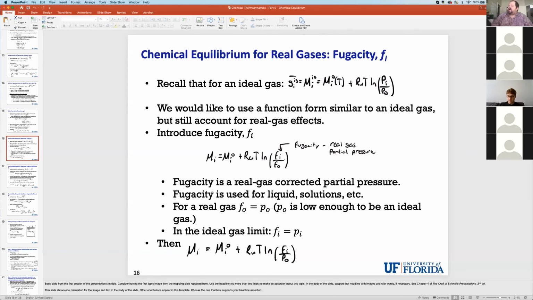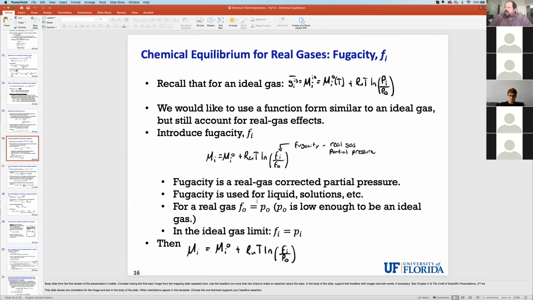etc. And now for a real gas, you can argue very easily that since P naught is definitely in the ideal gas limit, f naught and P naught are the same. And so we can replace f naught with P naught, and also in the ideal gas limit, by its verbal definition, the fugacity for species i is equal to the partial pressure of species i.